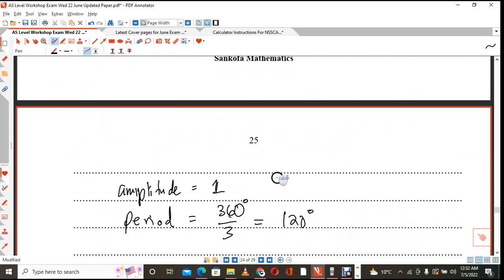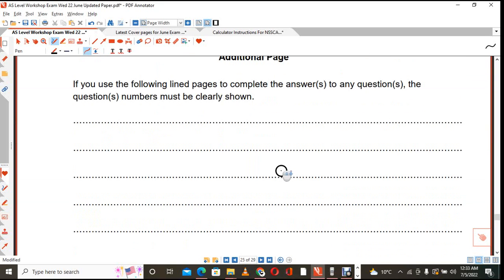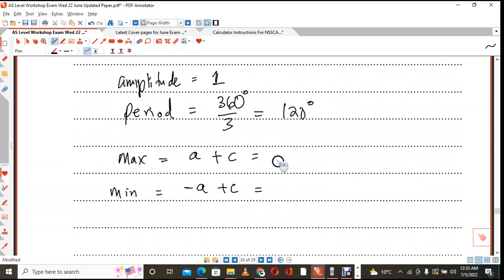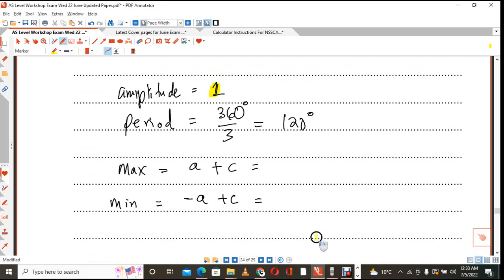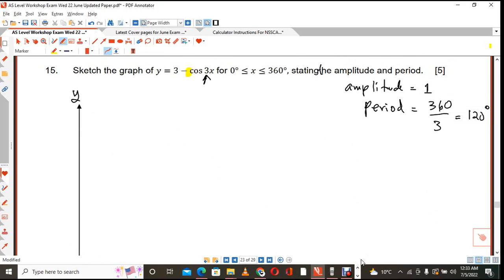So the maximum then would be 1. So let me just go back to that information where I wrote it. Okay. So it will be 1. That is what my A is. Okay. And my C was 3. Okay. That 3 is coming from the information all the way up here. Okay.